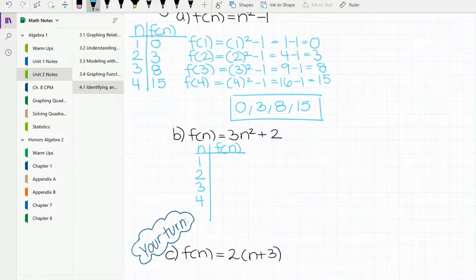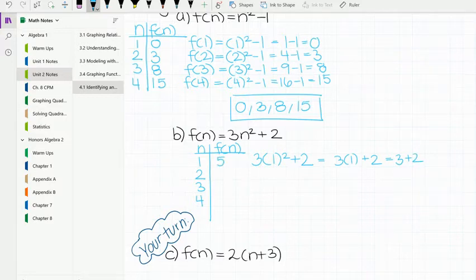So I'm going to skip writing f of 1 and just write 3 times 1 squared plus 2. This is where you have to follow your order of operations. We're not going to do 3 times 1 and then square it. We're going to do 1 squared and then times 3. So 1 squared is just 1. So it's really 3 times 1 plus 2. So 3 times 1 is 3, and then 3 plus 2 is 5.